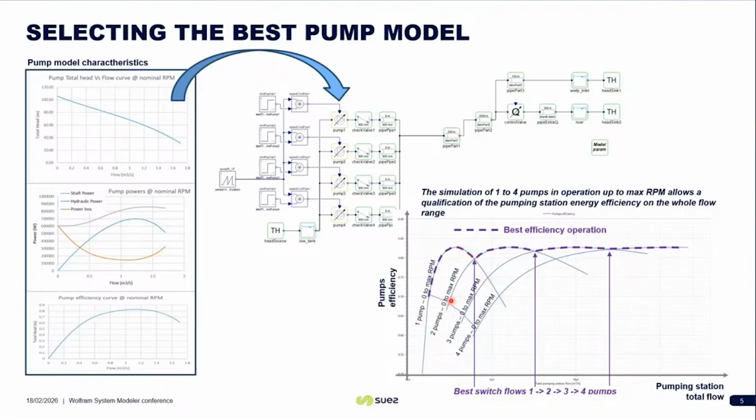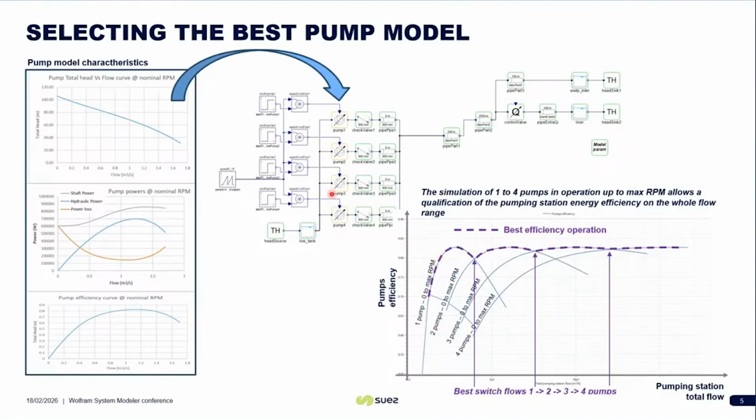With two pumps, we get a higher flow, and the efficiency curve is like that. But here we'd better switch to 3 pumps. And here we'd better switch to 4 pumps, because we want to stay always on the best possible efficiency to spend as little electricity as possible.